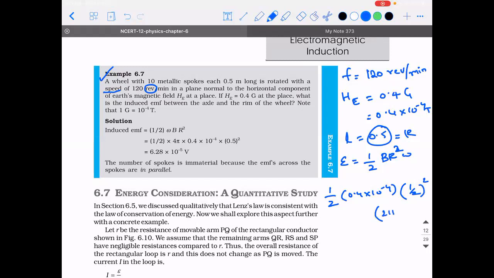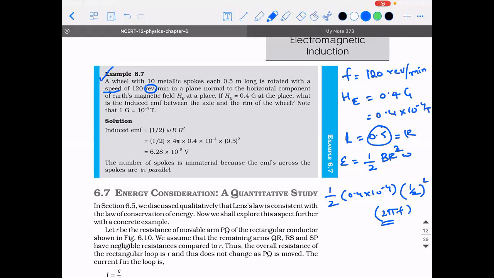Omega is 2 pi F. Substitute all the values, and you will get the value of EMF.